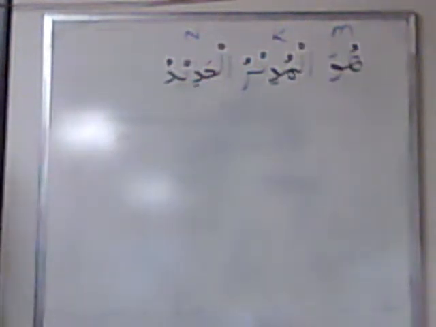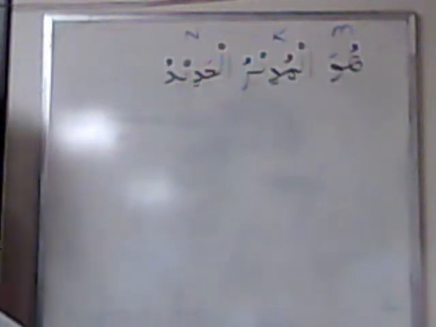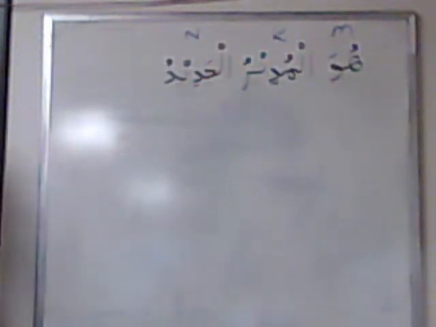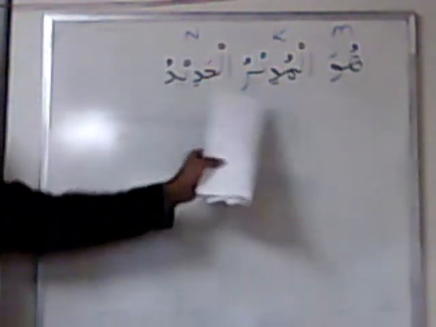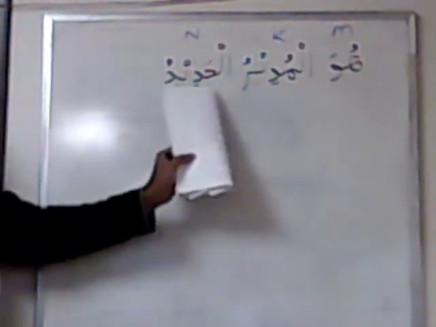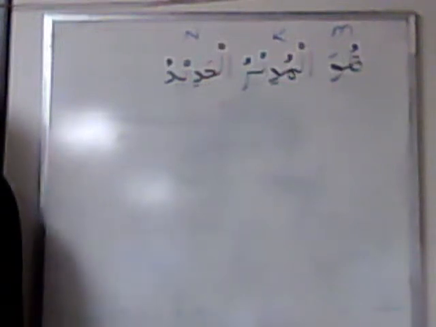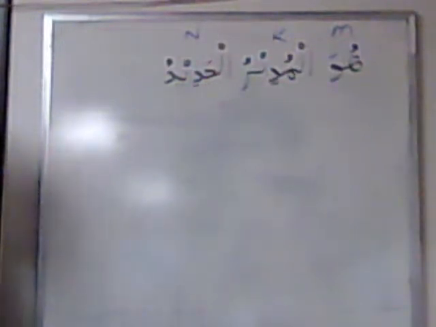Mubtada, khabar. Mubtada is your subject. Khabar is your predicate. Mubtada, khabar, and then naat. Once again, you can match the naat and man'ut in those four things which we were talking about: the gender, the case, the definiteness or indefiniteness, and the number.